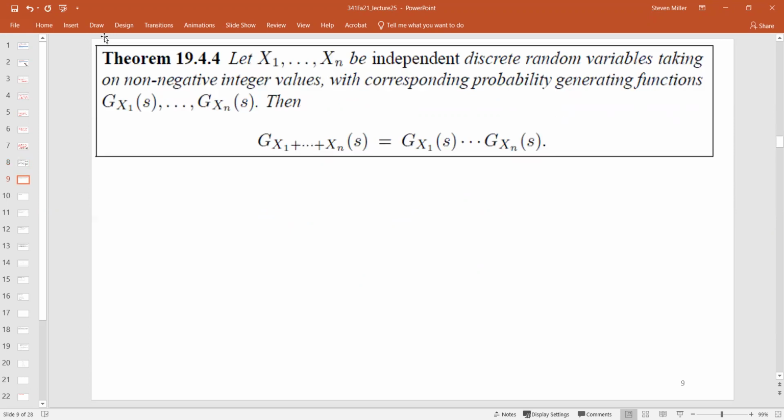Okay, the next is an absolute non-shocker. Let x1 through xn be independent random variables, discrete, taking on non-negative integer values with corresponding probability generating functions g_x1 through g_xn. Then the generating function of the sum is the product of the generating functions. Why is this true?